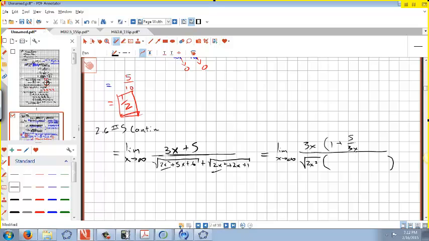But now let's look at this denominator over here. Okay, this denominator over here is if I distribute a square root of 2x squared back in here, what would I need to be multiplying this by to get our original expression back?